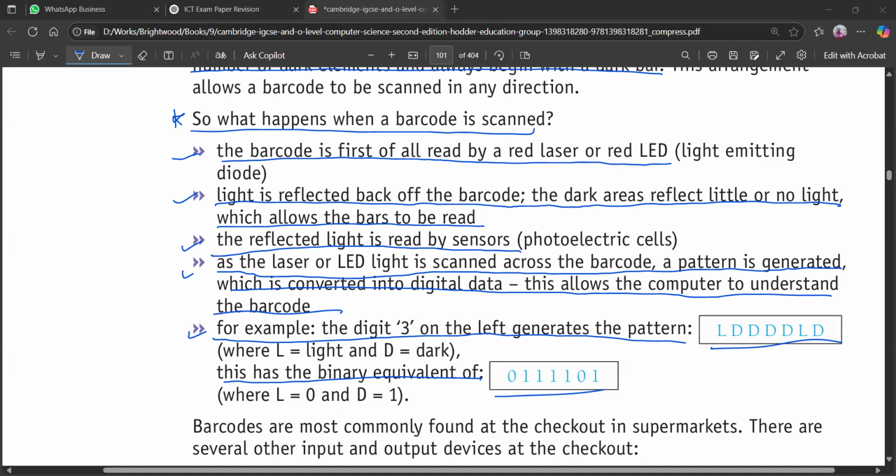Yes, write down that underlined part. Please write that pattern, and that's the way that barcodes are read. Okay, write it.